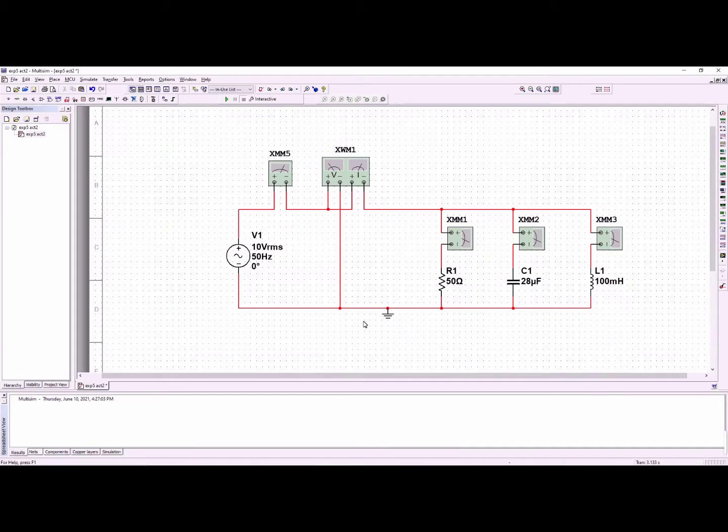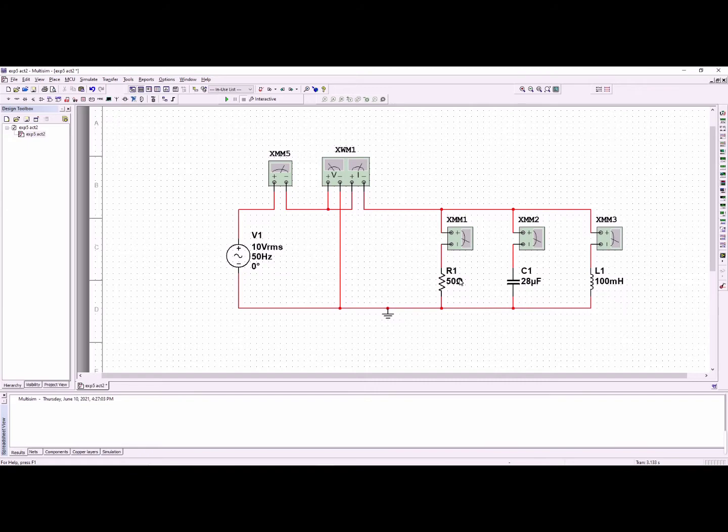For this experiment, we use Multisim simulation. This is the figure that I have connected based on activity 2. From the activity, we need to change the total voltage, starting at 10, then 20, 30, 40, 50, until 100 volts.